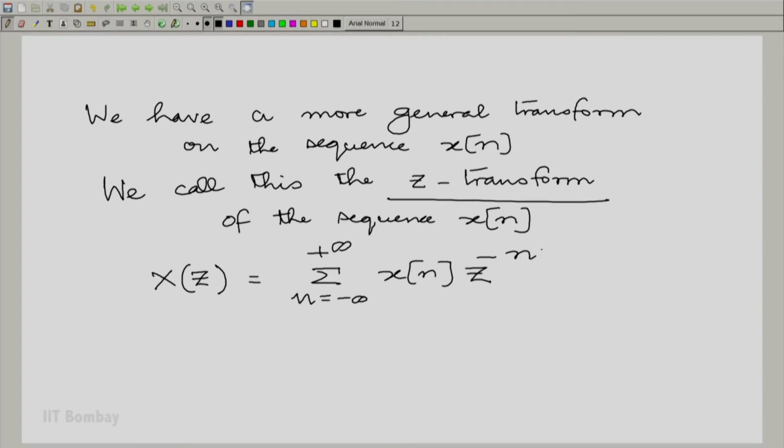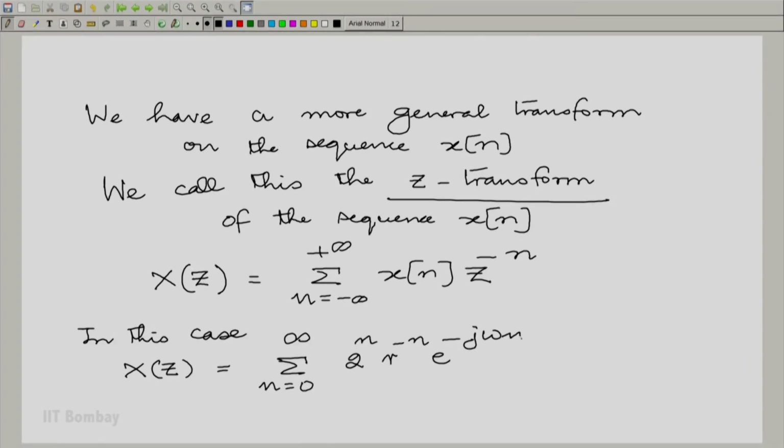Now, the Z transform is both an expression and also a region of convergence. Both are important. So, in this case, this is the Z transform, but we can rewrite it. And now we know how to sum it provided the region of convergence condition is satisfied.